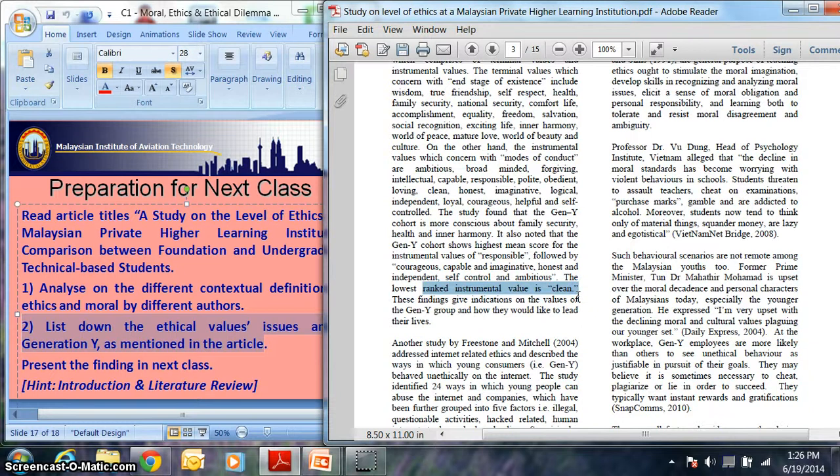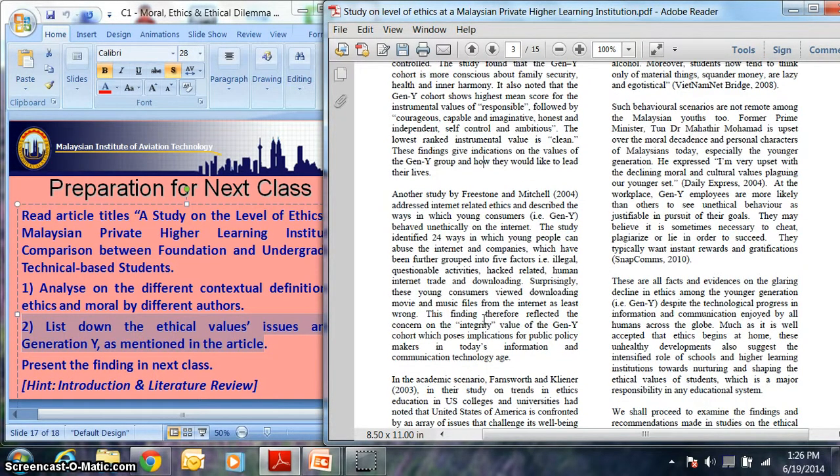This means you are a dirty person. This finding gives indications on the values of the Gen Y group and how they would like to lead their lives. This is the finding from this researcher.